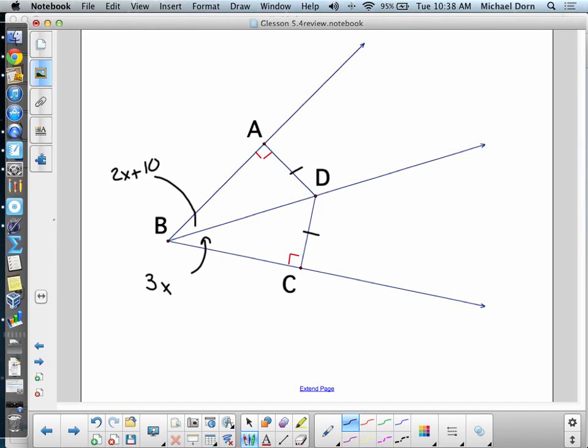Yes, there is. So what do I say? There's enough information to make this conclusion because they are equidistant. So x is 10, making both angles 30 degrees. All right.